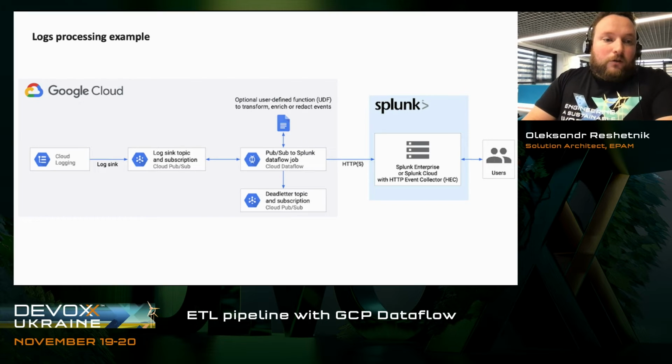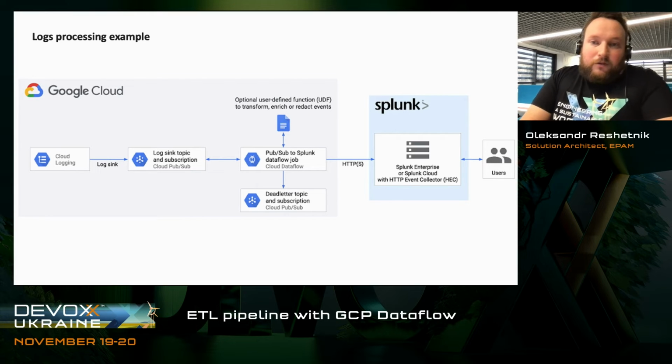We have Cloud Logging that pushes logs to PubSub, and we have our Dataflow job based on the template that transfers logs from PubSub to Splunk. Also, you can customize your template with some user-defined function and add more flexibility to this log transfer process.